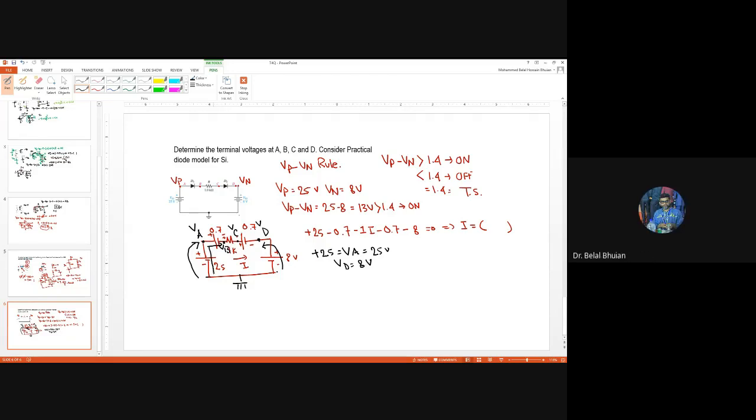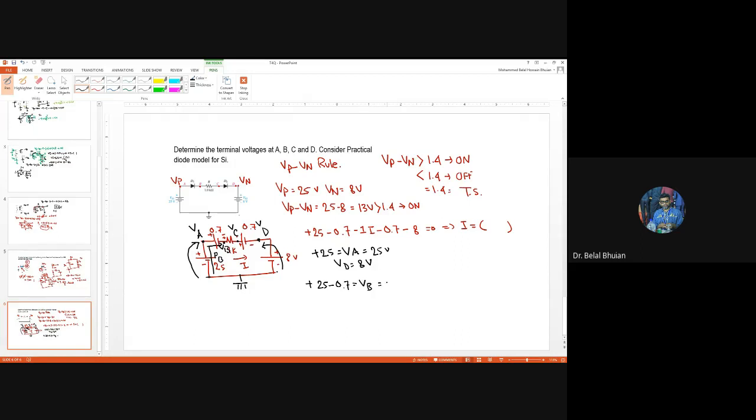This is the path we have to go, let's call it PB, path B. Starting from ground, you apply KVL: plus 25 minus 0.7 equals to VB.